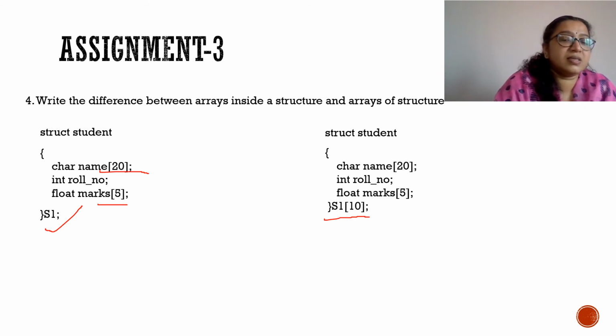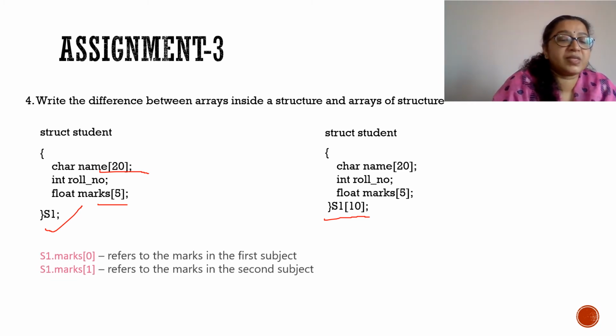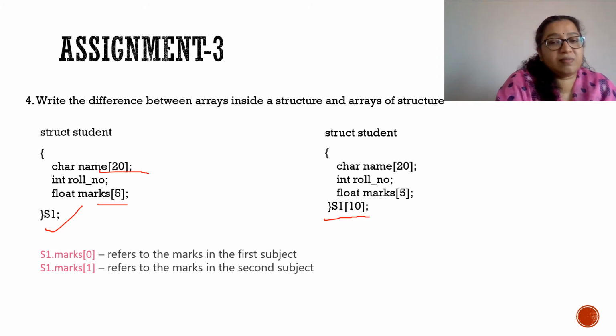Then how can we refer to each element? If it's the first structure, arrays inside a structure, we use the index number. S1 is the variable, S1 dot marks is the element. Marks of 0: the first subject mark is assigned to the 0th one.